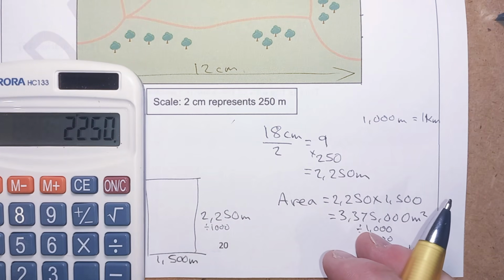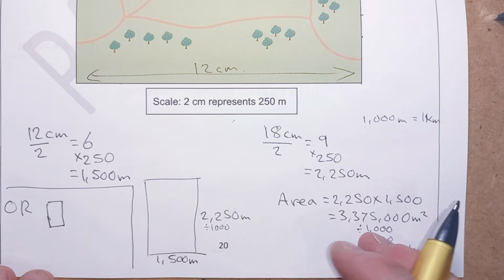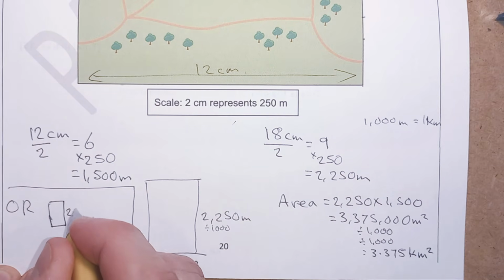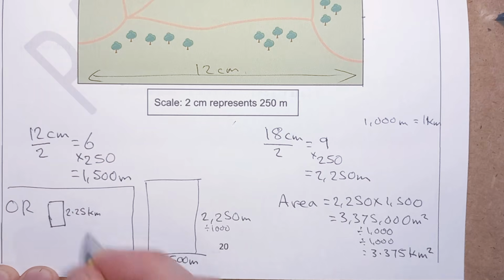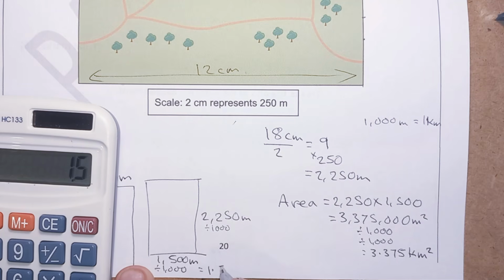So 2,250 divided by 1,000, you get 2.25. So this is 2.25 kilometres. And if we divide this by 1,000, so it's converting 1,500 metres into kilometres, we get 1.5 kilometres.